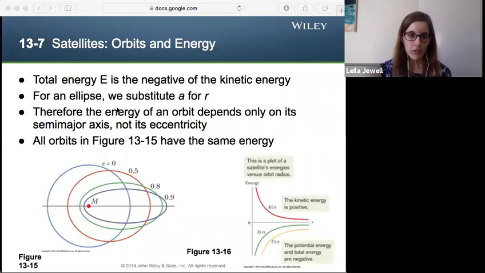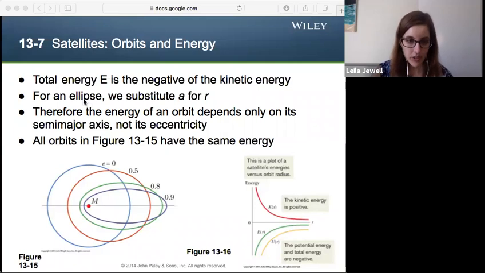One thing we can notice here is our total energy is actually the same calculation as the kinetic energy. It's just negative. For an ellipse, instead of a circular orbit, instead of r, we would just substitute in a, the semi-major axis. And so the energy of the orbit depends only on the semi-major axis and not on the eccentricity, which is pretty wild.